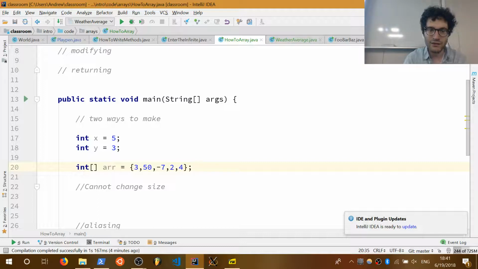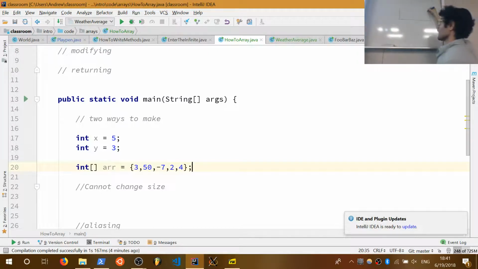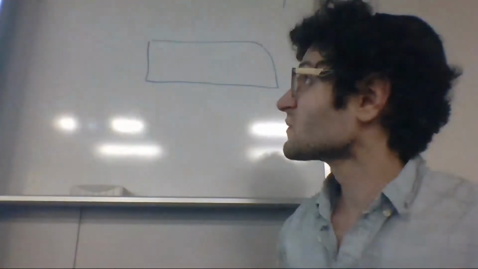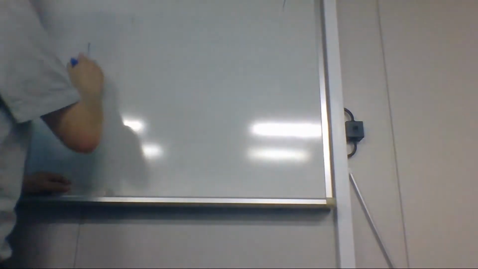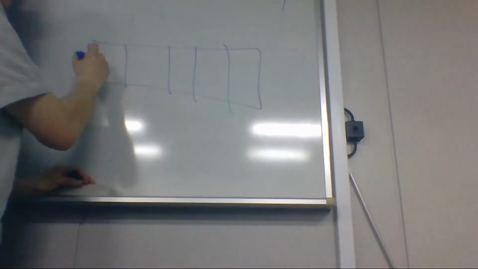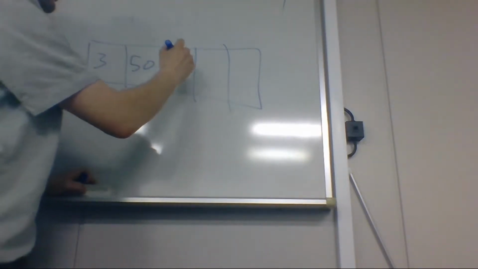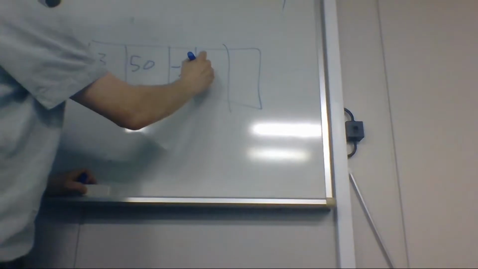What this does is that a variable would create a single box to put a value in. This creates somewhere in your memory an entire group. So we had 3, 50, -7, 2, and 4.